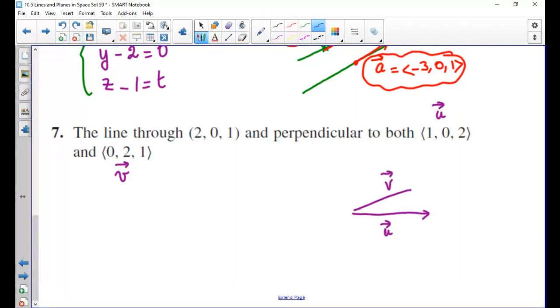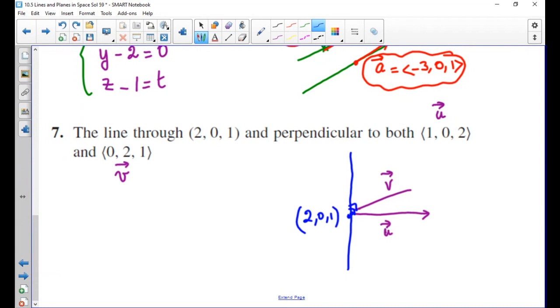And what I know now about the line is that it's perpendicular to these two vectors. It makes an angle of 90 degrees with u and with the vector v, like that. And it goes through the point 2, 0, 1.